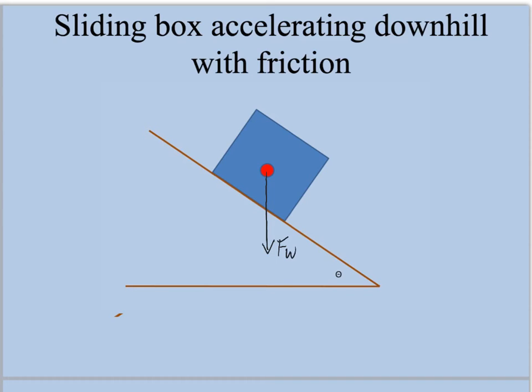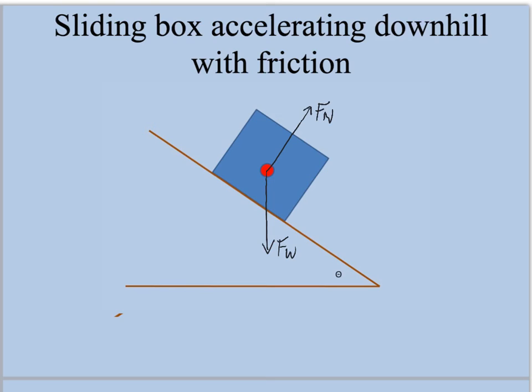Here's our weight vector. We know our normal force is going to be perpendicular to the surface of the incline. We know that friction is going to go up the hill because the box is going down the hill.